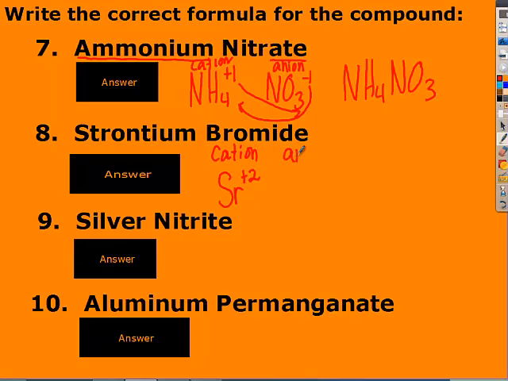And then I have an anion, which is Br. Remember, not all of them are polyatomic ions. Bromide means it's just an element. Br. And that has a -1 charge. Cross my charges. And I have SrBr2.